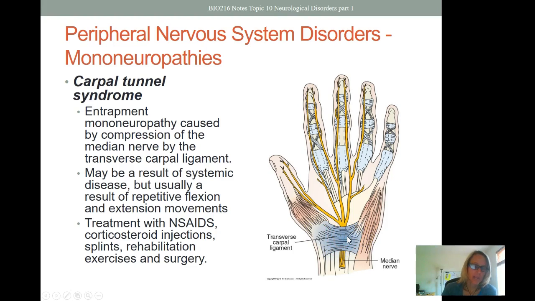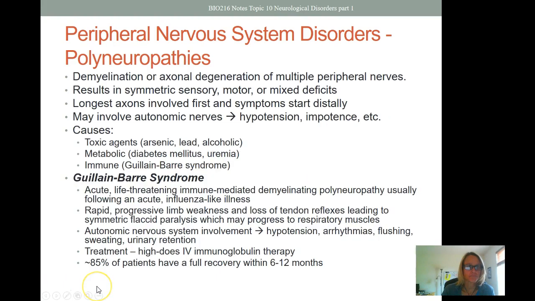This can be the result of a systemic disease, but it's usually a result of repetitive flexion and extension movements. This is treated with NSAIDs, corticosteroid injections, splints, rehabilitation, and potentially surgery to release that compression.